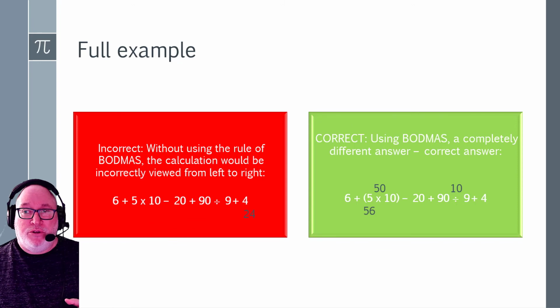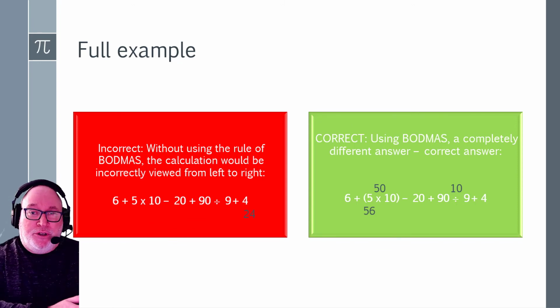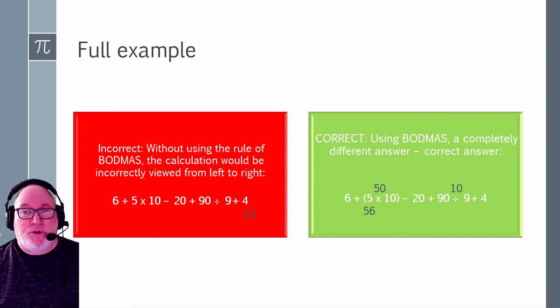Now it's just addition and subtraction, and it's left to right because they have equal status. This is the end part of BODMAS. So 6 plus the 50, which we already had, is 56. Now we move on to the 56 minus 20, which gives us 36.